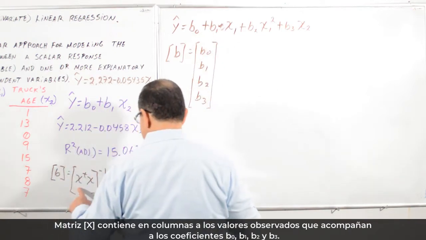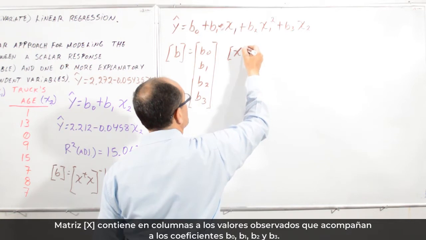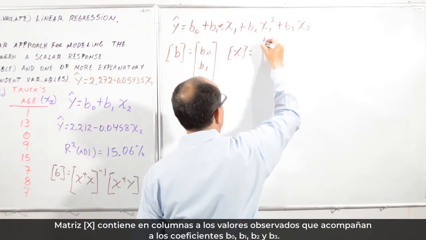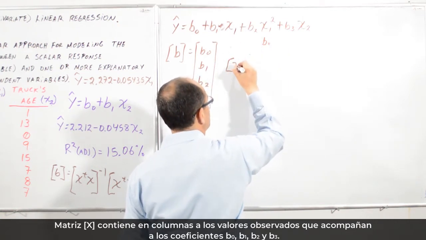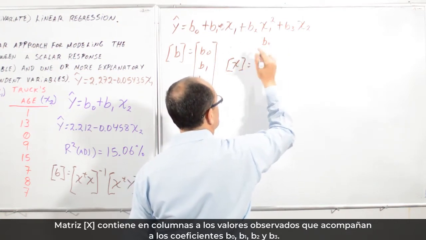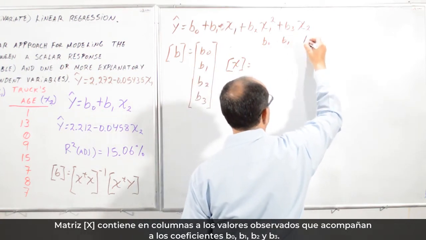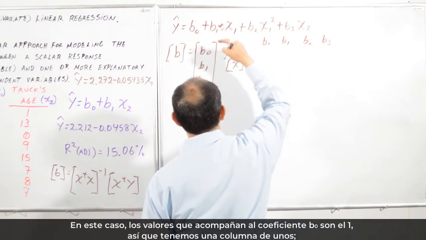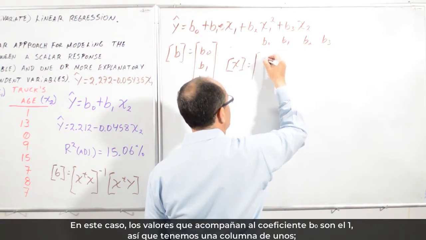Matrix X is equal to the term that goes with B0, B1, B2, and B3. In this case, the one that goes with B0 is 1.